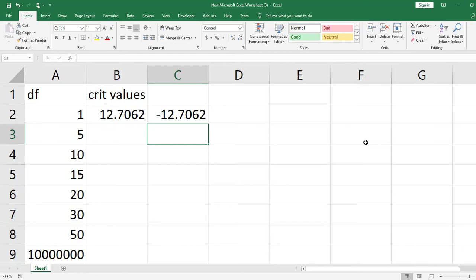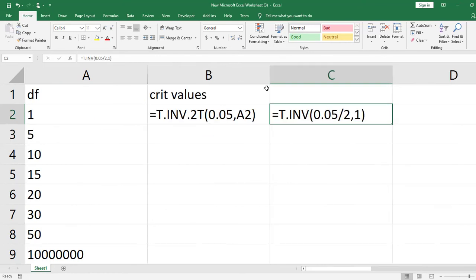So again, this is what Excel is doing when it's using the t invert 2t: it's taking alpha that you put in, dividing it by 2, and then taking the absolute value. It's literally the same thing. I just put in 1 rather than A2, but it's the same thing.